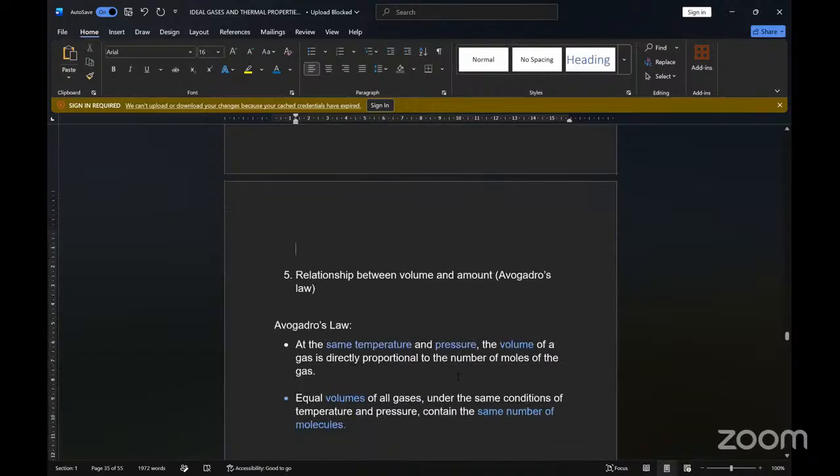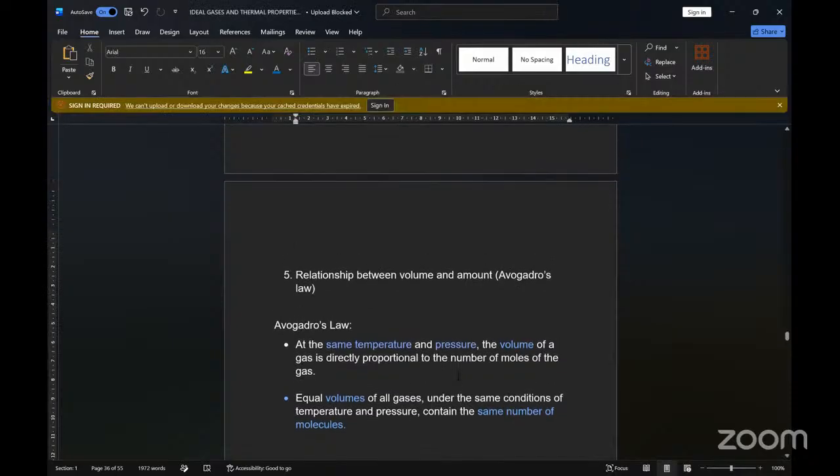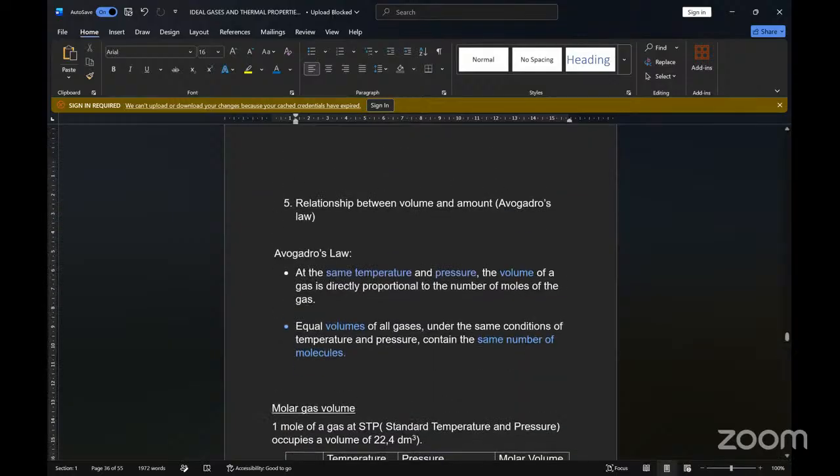Okay, so we are done with Gay-Lussac's law. We're going to quickly look at the relationship between volume and amount of a substance, which in this case we call Avogadro's law. Now, this law has been indirectly dealt with when we were dealing with the mole concept. It's on the basis of Avogadro's law that we have this formula, where we say number of moles is equal to volume over the molar volume.